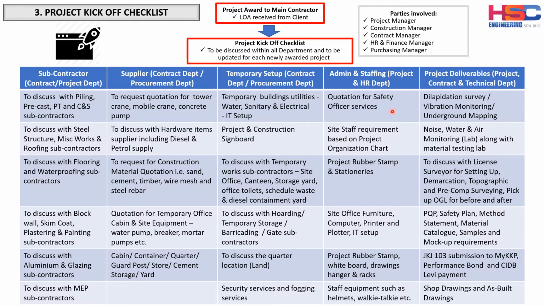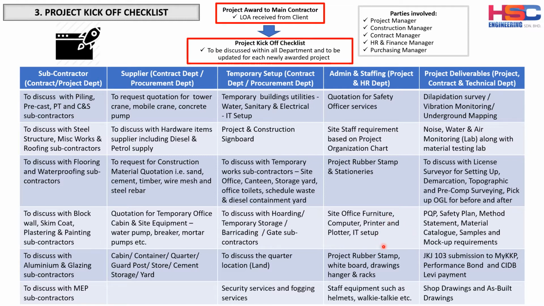So for example, the safety officer: if the construction company doesn't have their own safety officer and wants to outsource it to a different company, this is the time to inform the HR department to get the quotation, or the project manager can help to get the quotation and pass it to the HR department. And then what the site staff requirements are, based on the project organization chart that has been approved by the senior management.